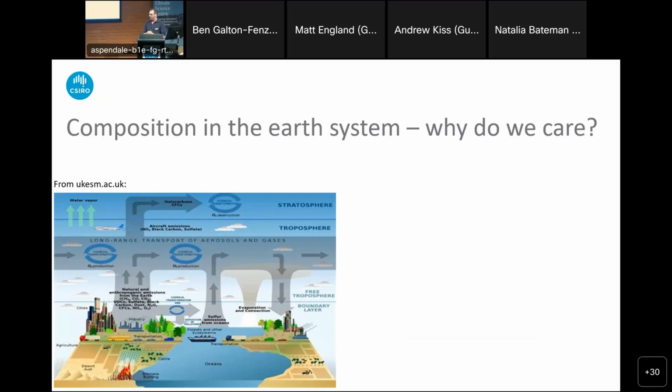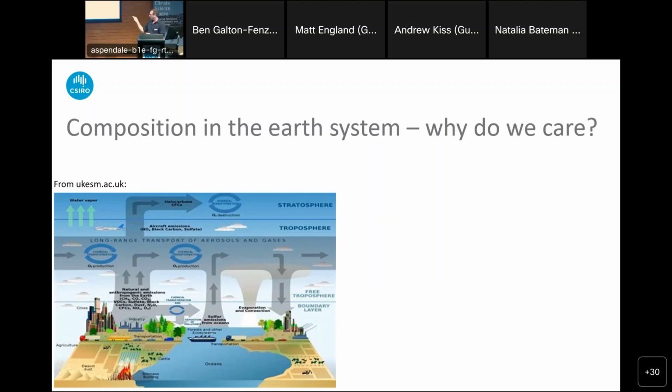The age-old process has been DMS, dimethyl sulfide from the oceans, influences clouds and so on. What's probably not clear on this plot is things like VOCs, other aerosol sources, both natural and anthropogenic, and methane lifetime. Tropospheric ozone is the third most important greenhouse gas. We've got stratospheric ozone, and ozone depletion resulting from CFC release in chemistry.